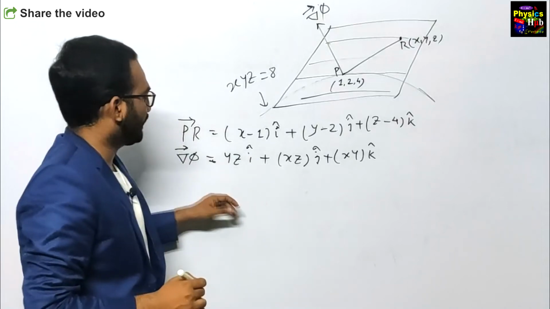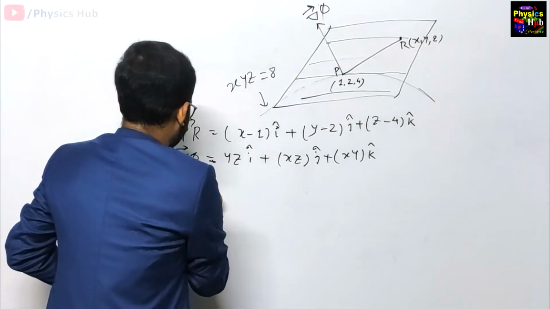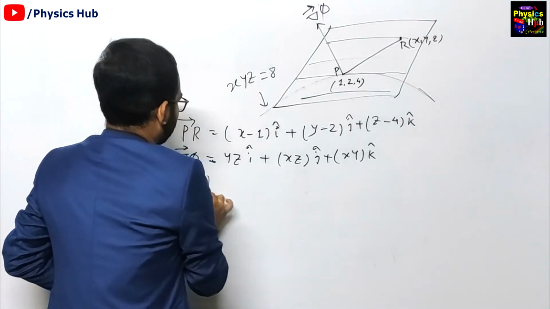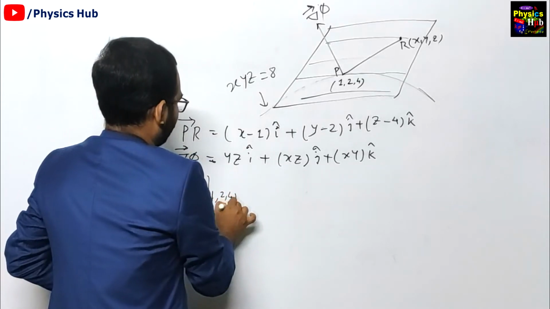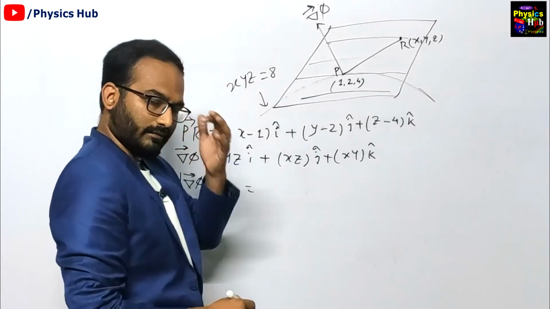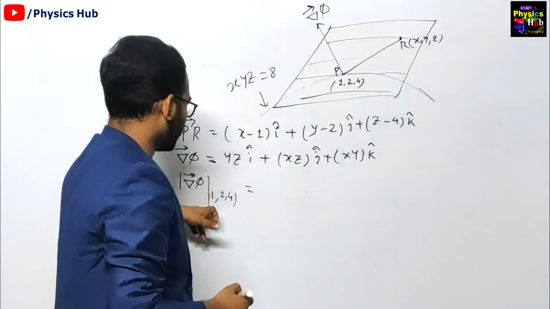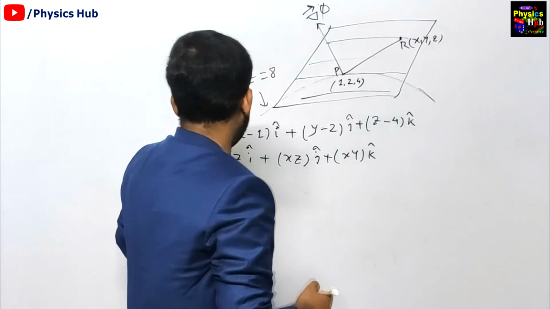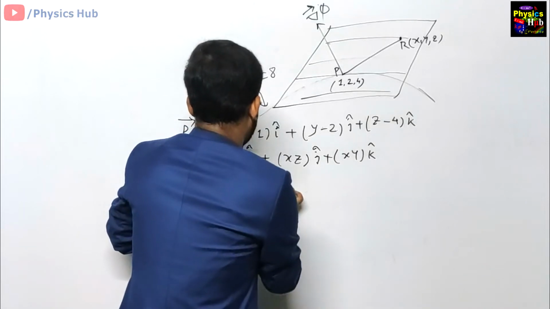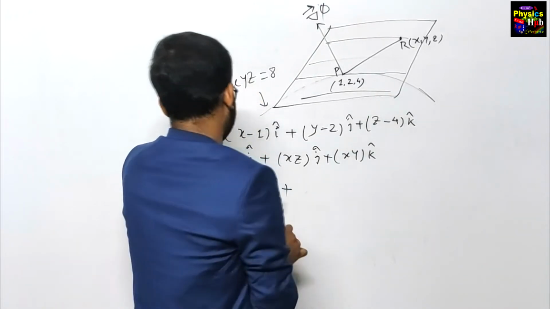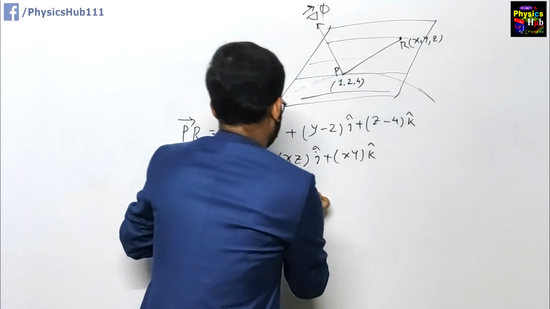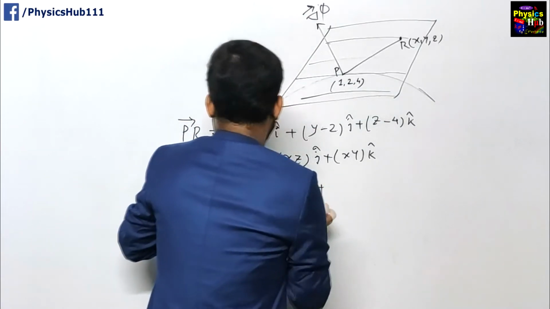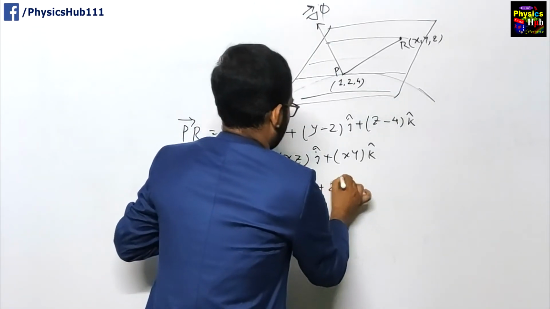This is the value of grad phi. Now what is the value of grad phi at the point (1, 2, 4)? If you put x equals 1, y equals 2 and z equals 4, what do you get? yz means 8 i cap, plus xz, 1 into 4, j cap, plus xy, 2, k cap.